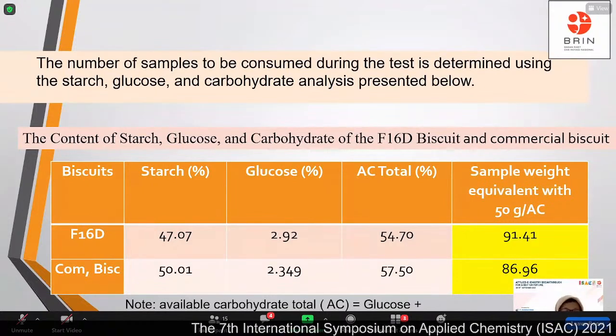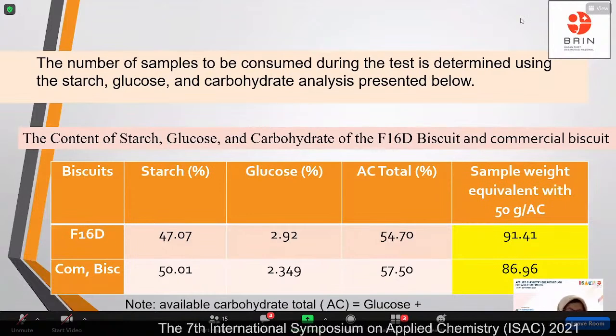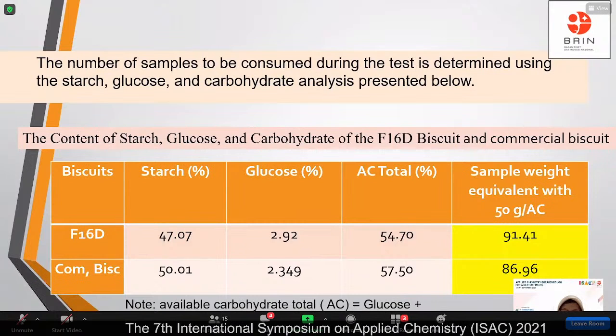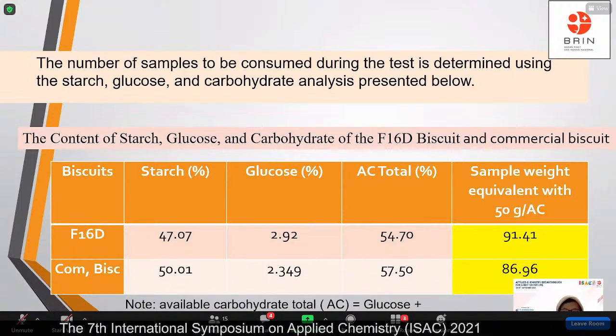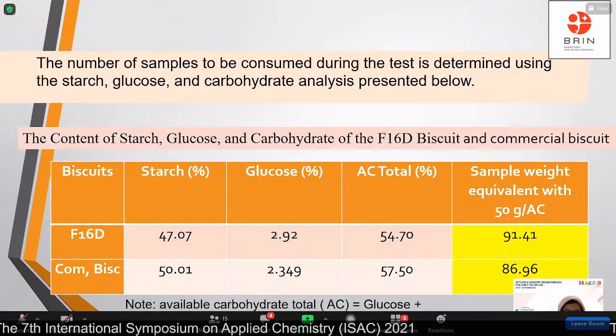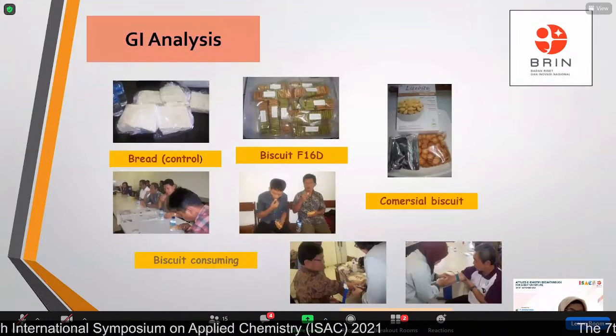It showed that the number of F16D biscuit samples to be consumed is around 90 gram, and the commercial biscuit for the control is around 86 gram. And how about the GI analysis?